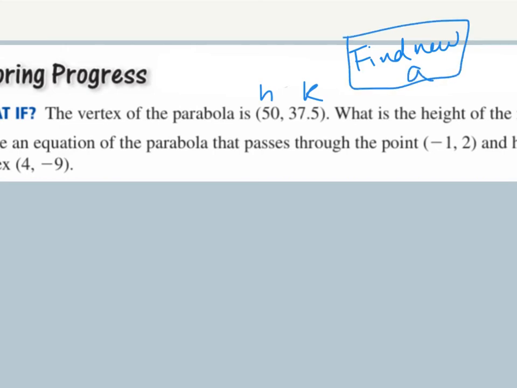And then we would have to solve it again. Once we get our new equation, we plug in 90 again and find a new height of the net. So we would just be doing the whole last problem over again. We're going to skip number 1 for now.